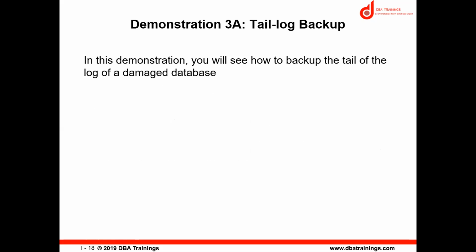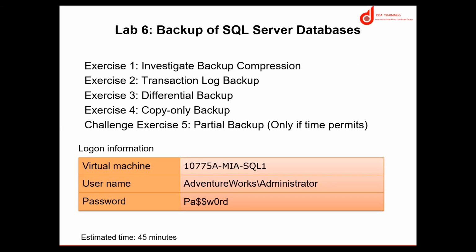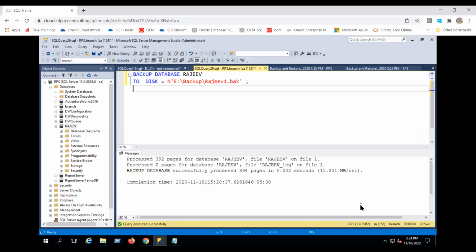So that's about the tail log backup, I already showed you that, and I hope you all got that idea. Now it's time to go for some other concept. You can use, as per your business need, whatever type of backup you want to follow. I hope you got the idea.